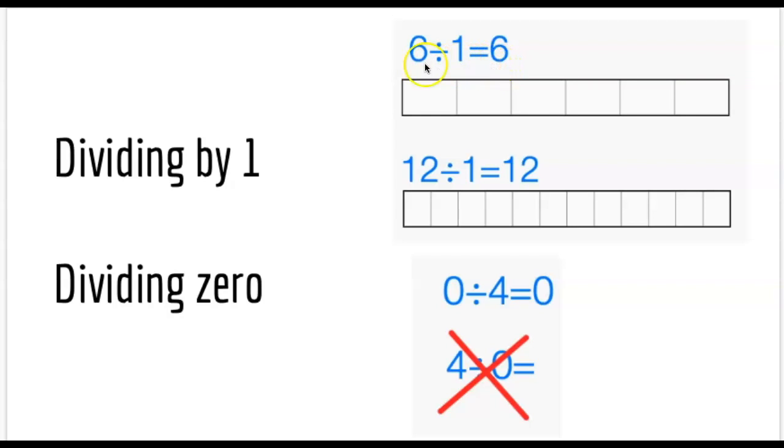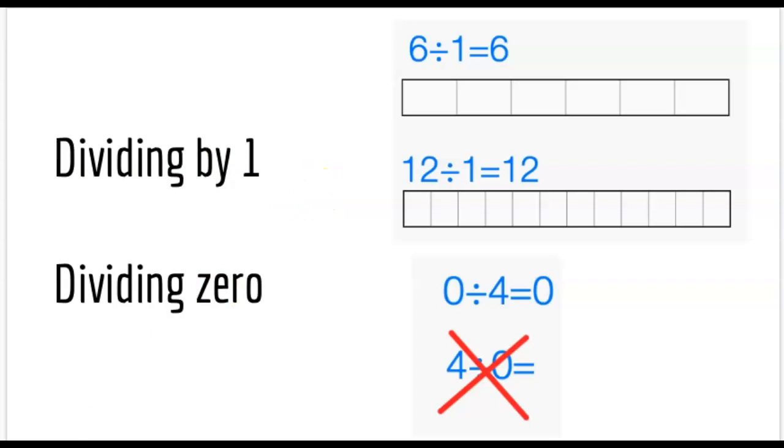That's just saying that if I take a group of 6 and I divide it into groups of 1, there will be 6 groups. Or there are 6 ones in 6. Or here we can take a look at 12 divided by 1 and see that that's 12. There are 12 ones in 12. So any number divided by 1 will be that number.